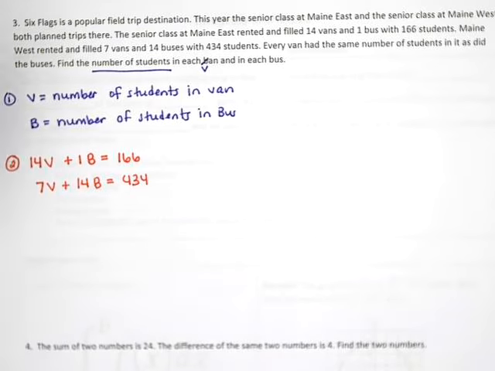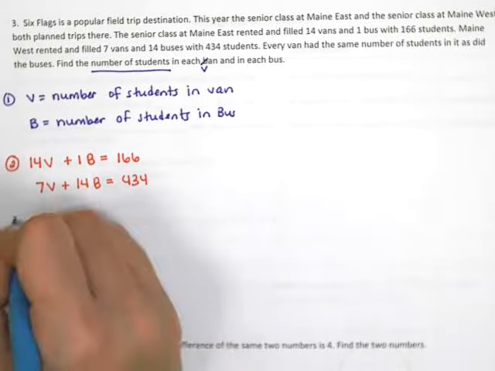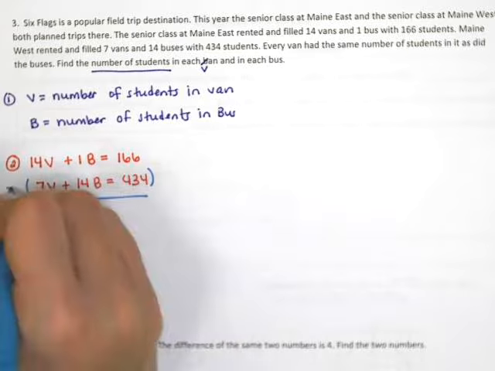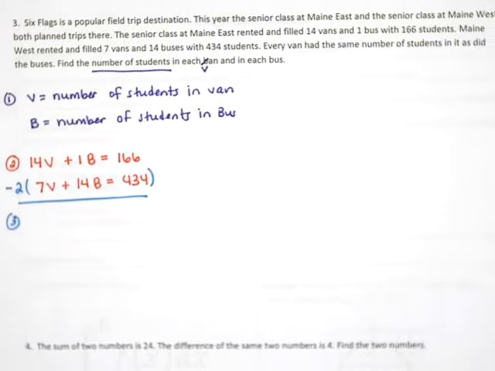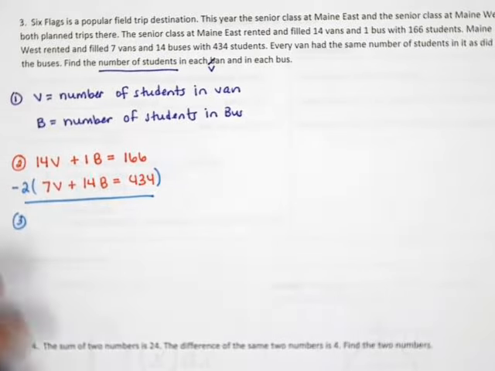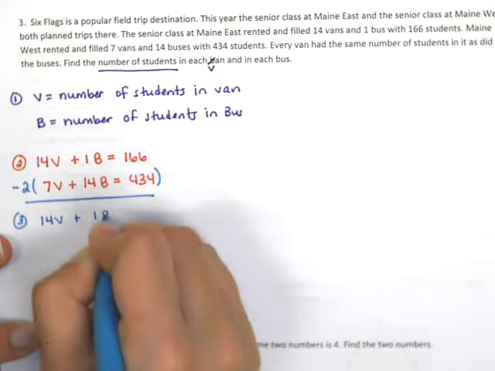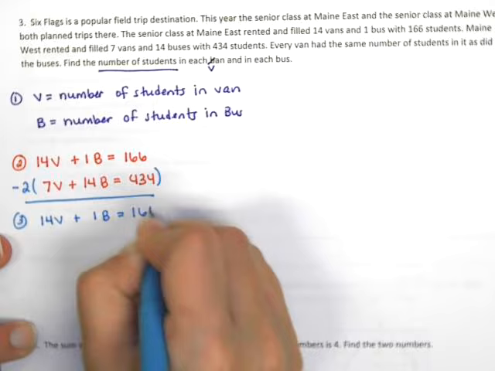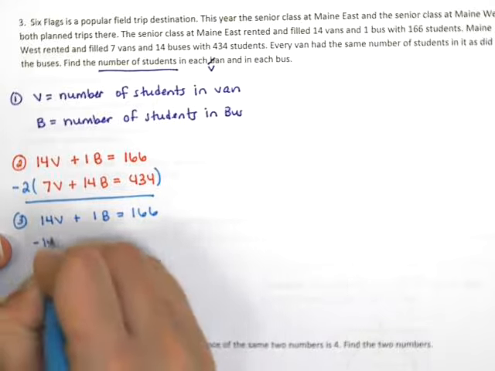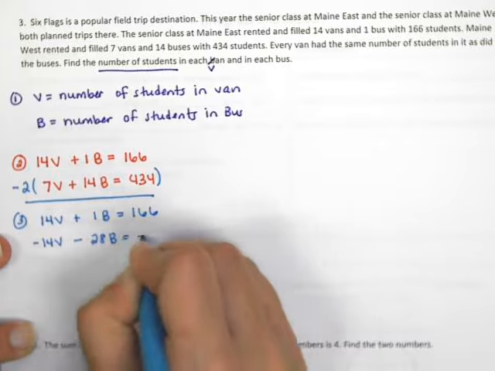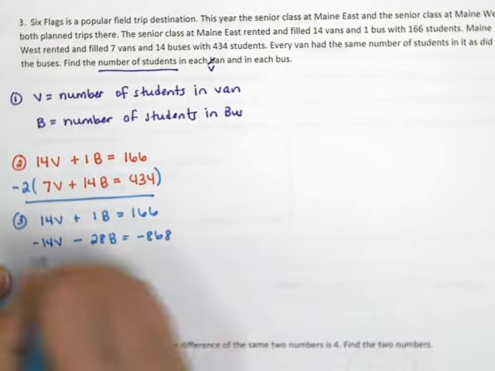I would solve this with elimination because everything's kind of lined up nicely for me. So I would multiply the bottom equation by -2, and the reason I'm choosing to do that is that will make the V's cancel. So I would have 14V plus 1B equals 166, negative 14V minus 28B equals negative 868.